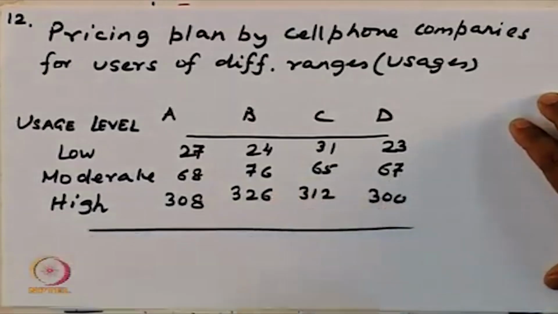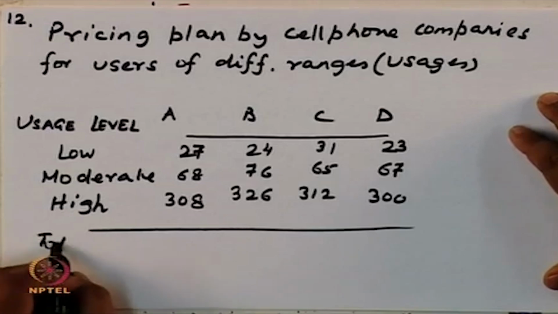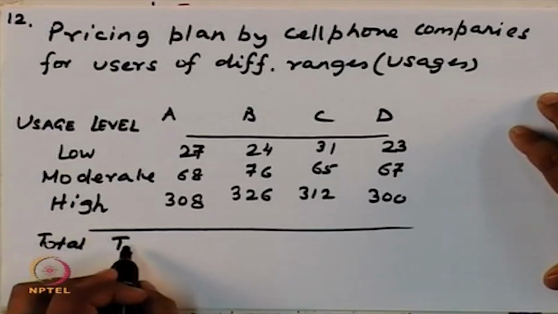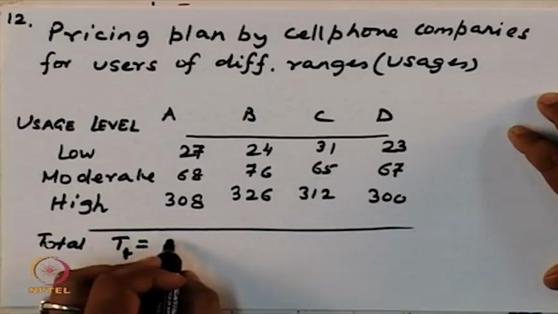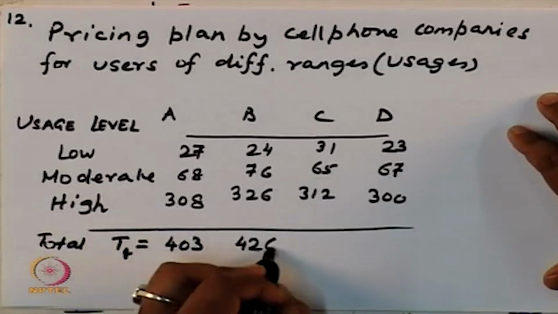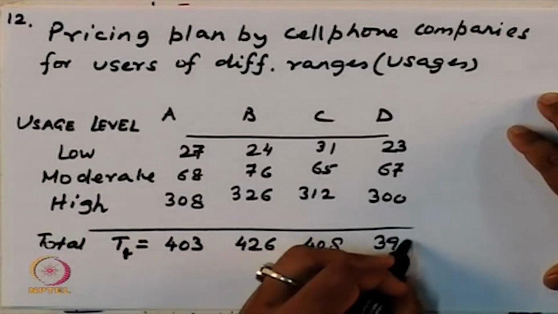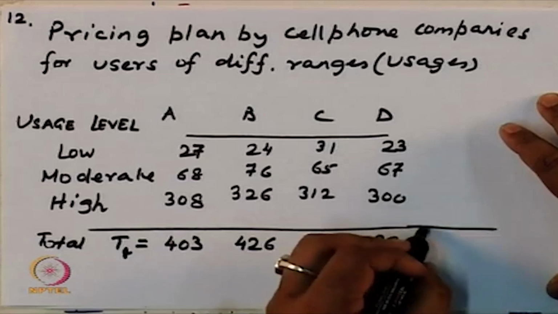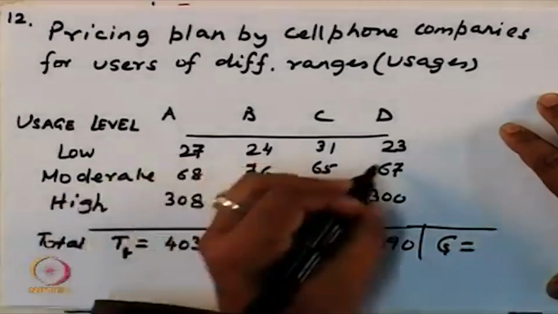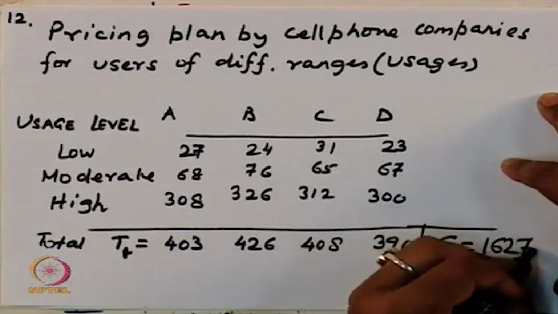Okay. So, as before, you can calculate the totals. You can calculate T1 as 403, T2 as 426, T3 as 408, T4 as 390. And your G is the sum total of all these values, which comes out to be 1627.